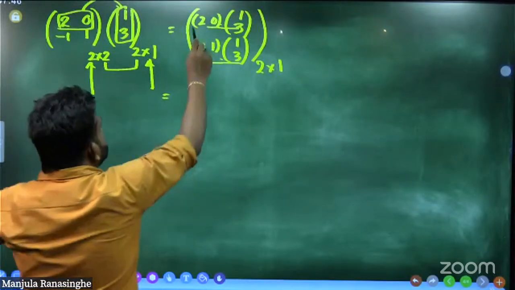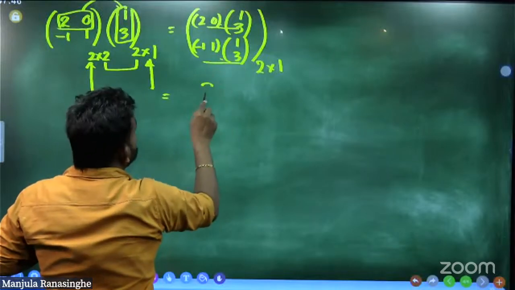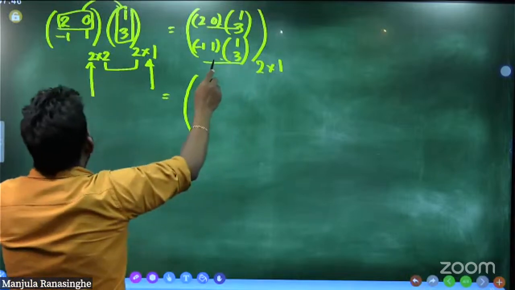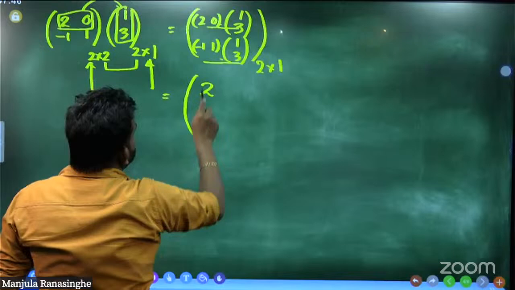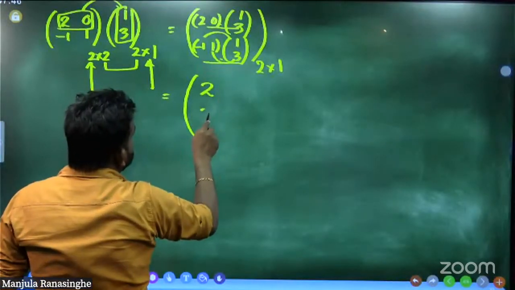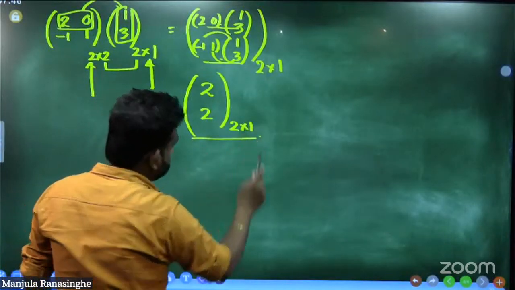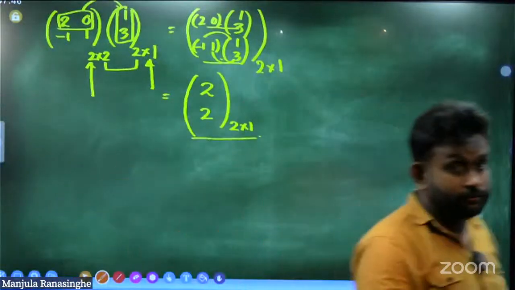Okay, now check here. 2 into 1, 2, plus 0 into 3, 0. Then 2 is the remaining. Negative 1 into 1, negative 1 plus positive 3. Negative 1 here, positive 3. That means positive 2. Right, 2 by 1. So this is the answer. Okay, right. Hands up those who got the answer.